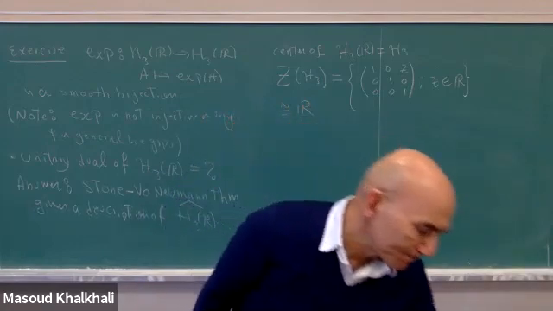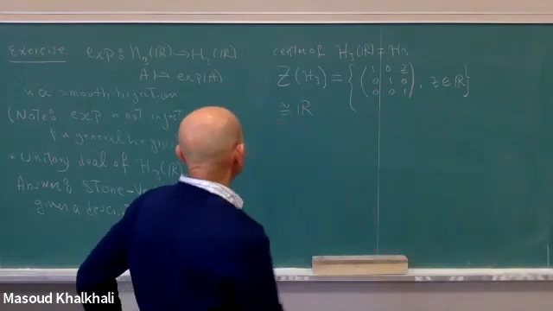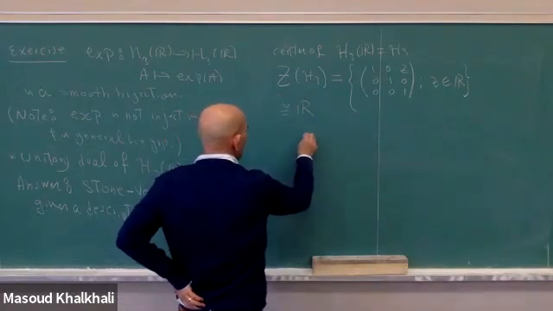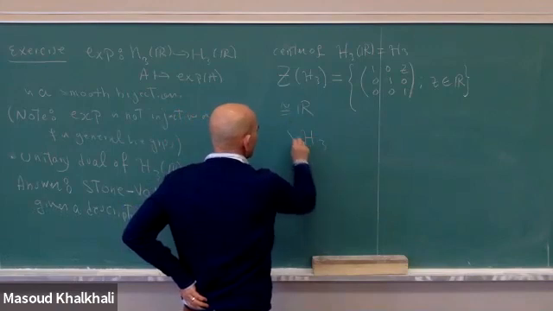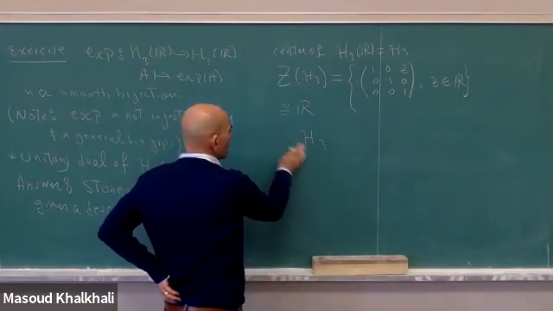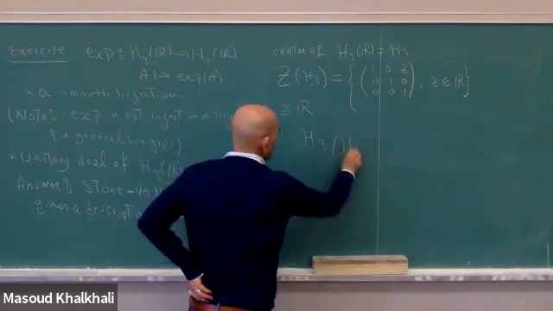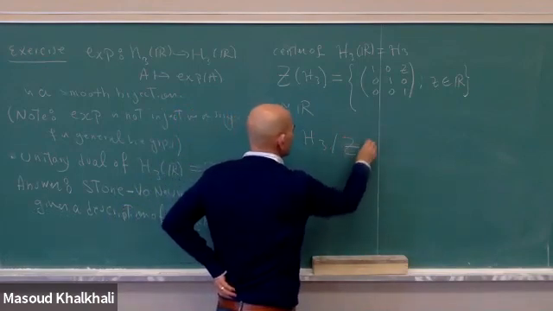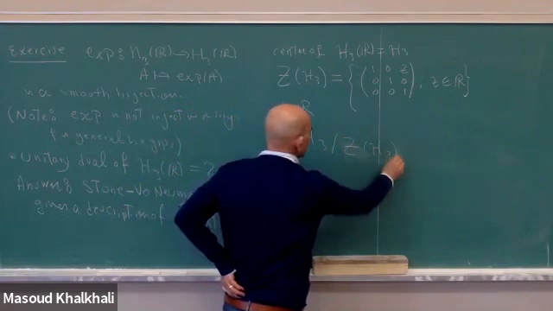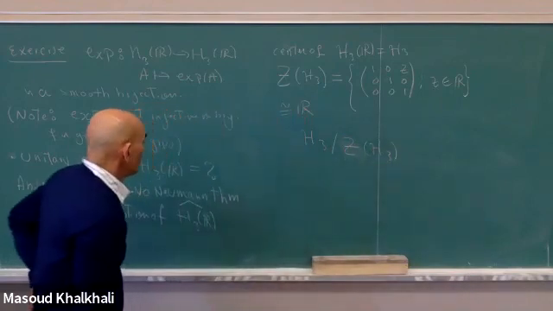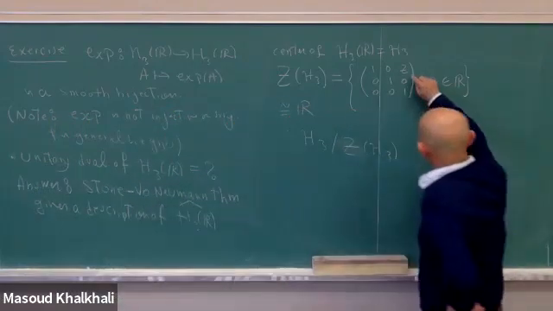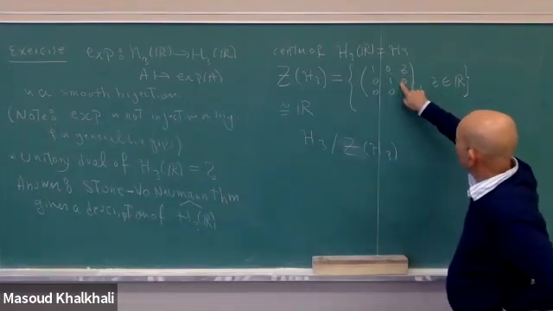Now, if you take the quotient of this by its center, you can easily see that what remains are these two elements.